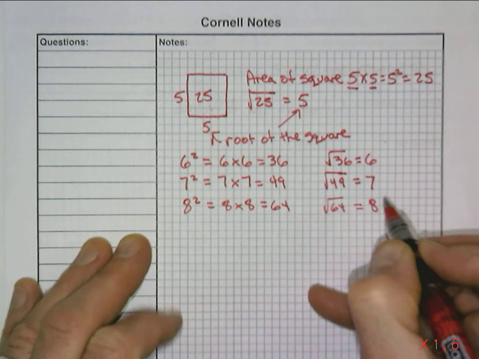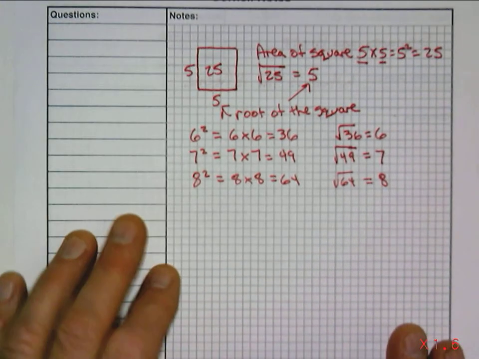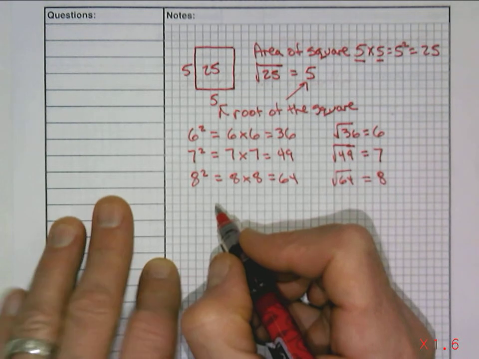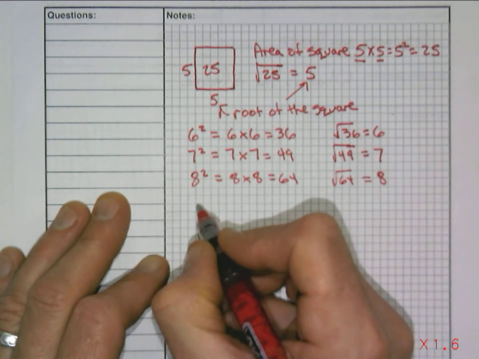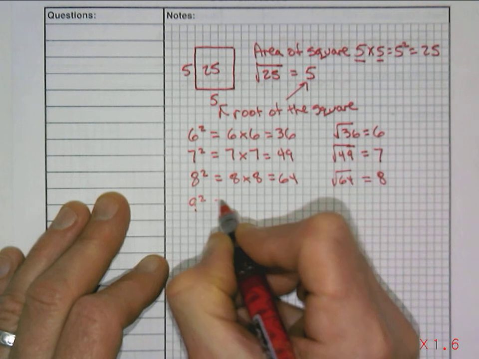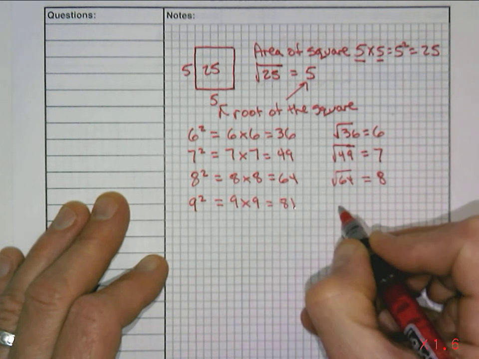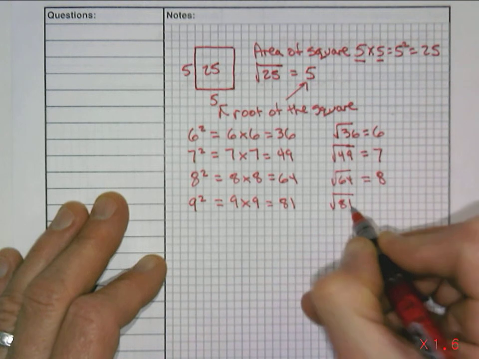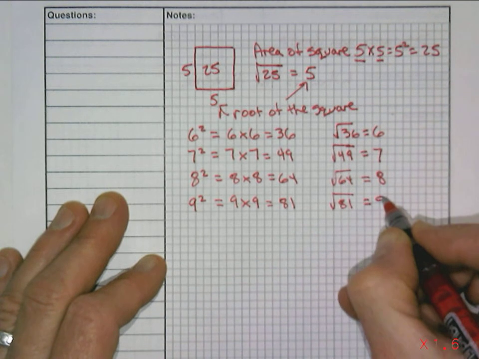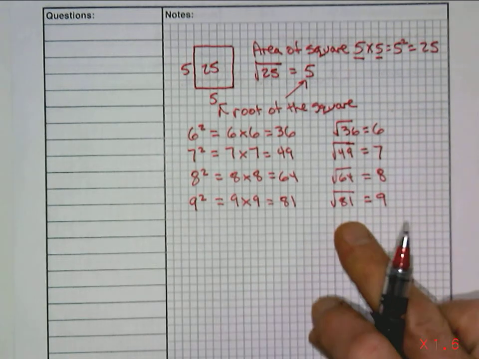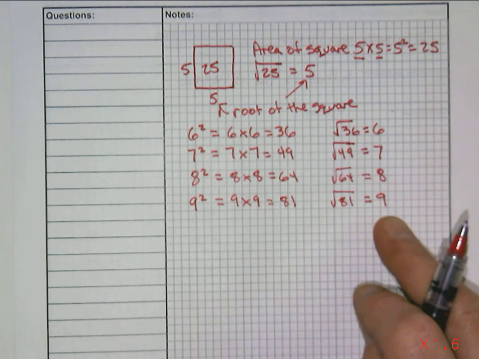These are all basic root or square root numbers that hopefully we're familiar enough with to just keep going. 9 squared, or 9 times 9, which is 81. So the square root of 81 is 9. If I had a square whose area was 81, I would know its side lengths are 9.